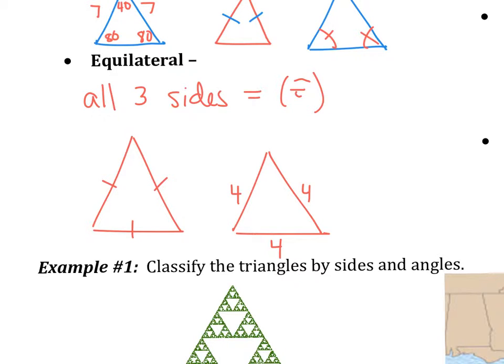So I can do it with numbers or with the congruent symbols. Those are going to be the three ways you can classify based upon the sides. But that also helps us with our angles as well.